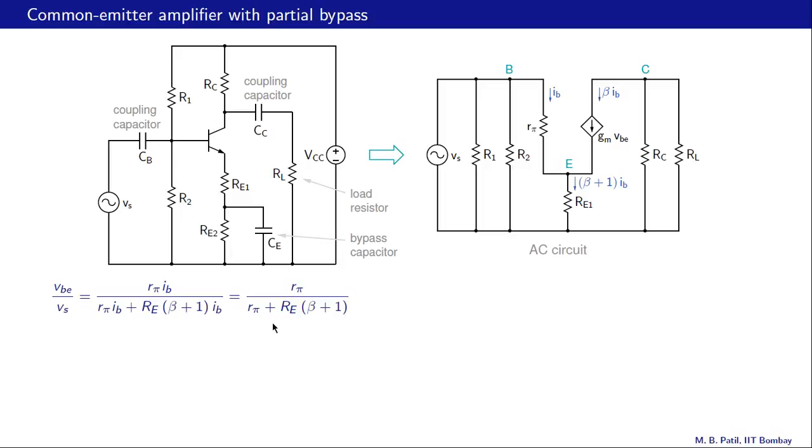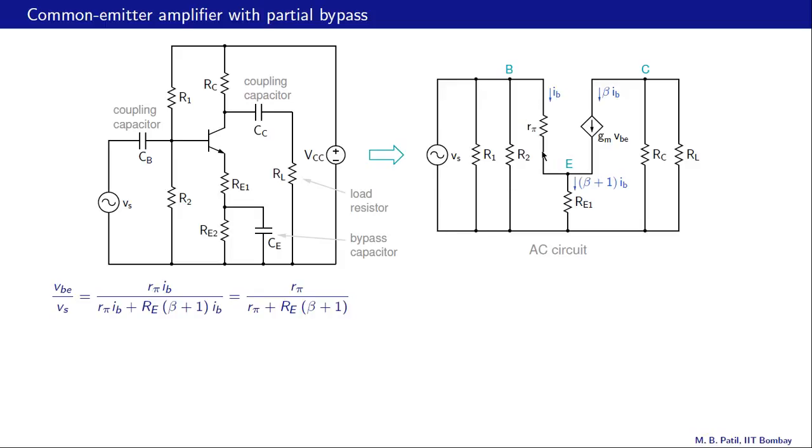Let us make one very important point about the common emitter amplifier with partial bypass. Let's look at this ratio VBE over Vs. What is VBE? It's this voltage between the base and the emitter, and that is R pi times IB. What is Vs? We have already seen that in the last slide.